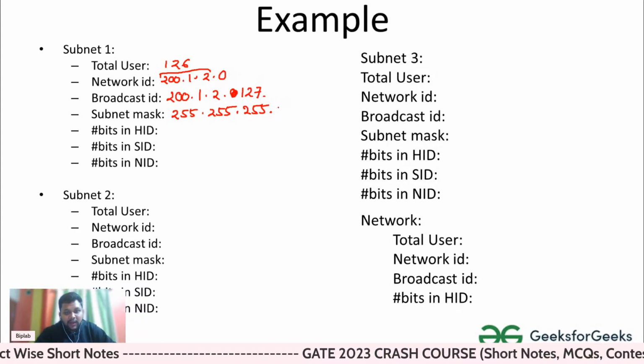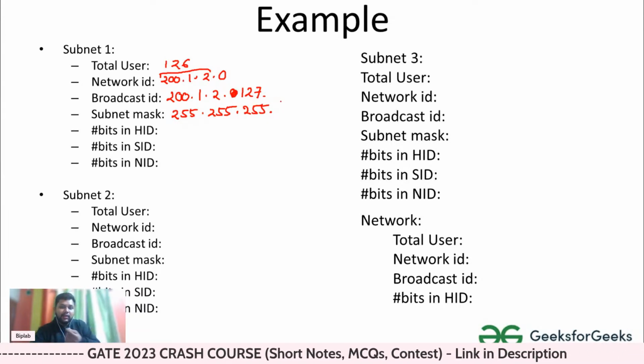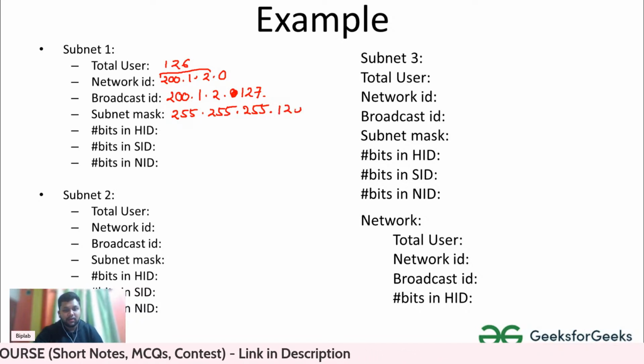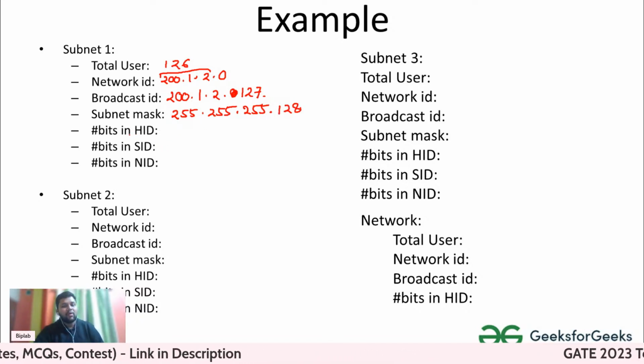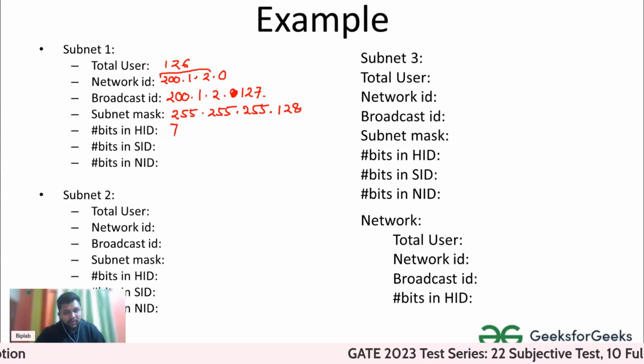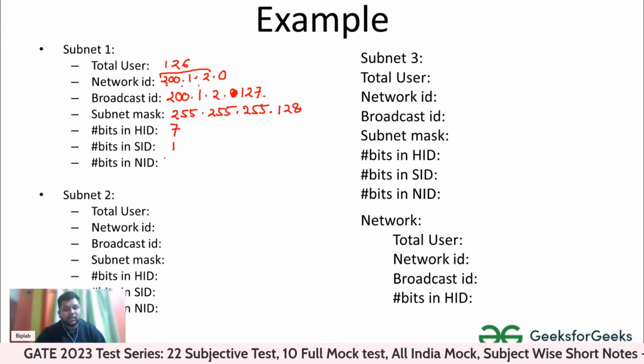There you have to put one only, and all other 7 bits are host bits, so you put 0 there, so you have 128. What is the number of bits in host ID? The host ID number of bits is 7. Subnet ID has 1 bit, and in the network ID you have all 3 octets, that is 24 bits.